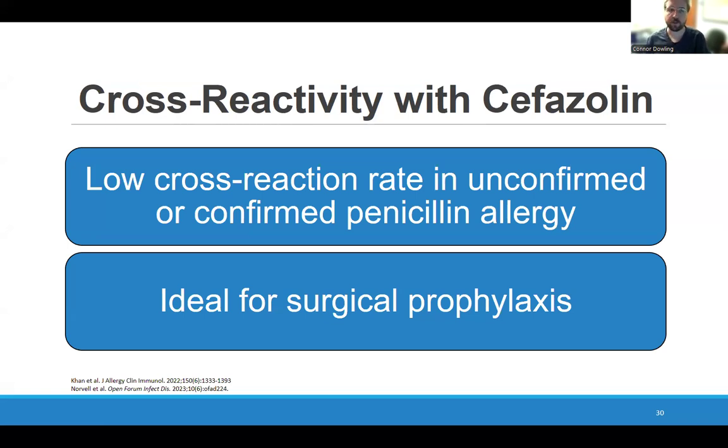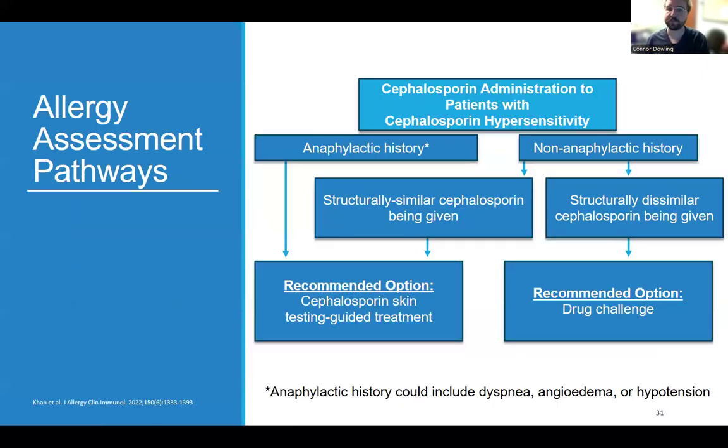This also comes back to something I mentioned with aztreonam and monobactams in general, where we might even see the cefazolin allergy as a unique allergy rather than a cross-reactive allergy with cefazolin and penicillin. But this really makes it ideal for surgical prophylaxis, especially for patients that might be emergently admitted for surgery and we don't have the ability to verify their penicillin allergy. We can very comfortably give cefazolin in these patients, even if we don't know their penicillin allergy history.